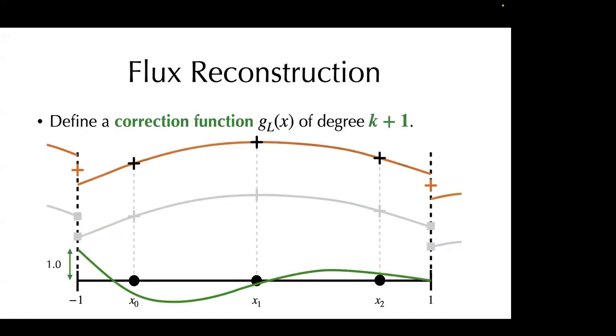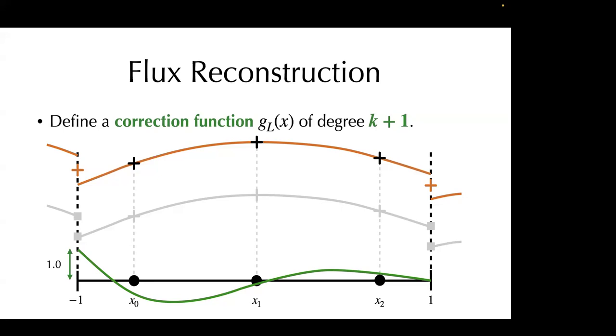What flux reconstruction then does, and what makes flux reconstruction unique, is we introduce this idea of a correction function. This is a polynomial of degree k plus 1 that has some very particular properties. Specifically, when evaluated at x is equal to -1, it gives us a value of 1.